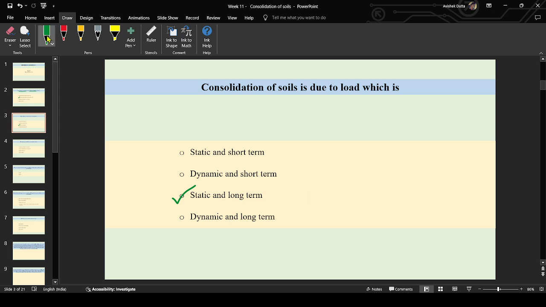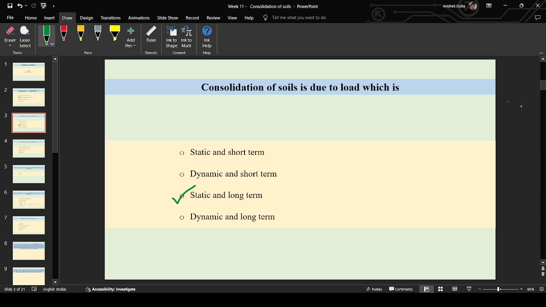Sir, one thing I want to discuss in this question: something like a railway track on which trains move continuously can be considered dynamic and long term, or dynamic and short term load. Would it be responsible for consolidation also?